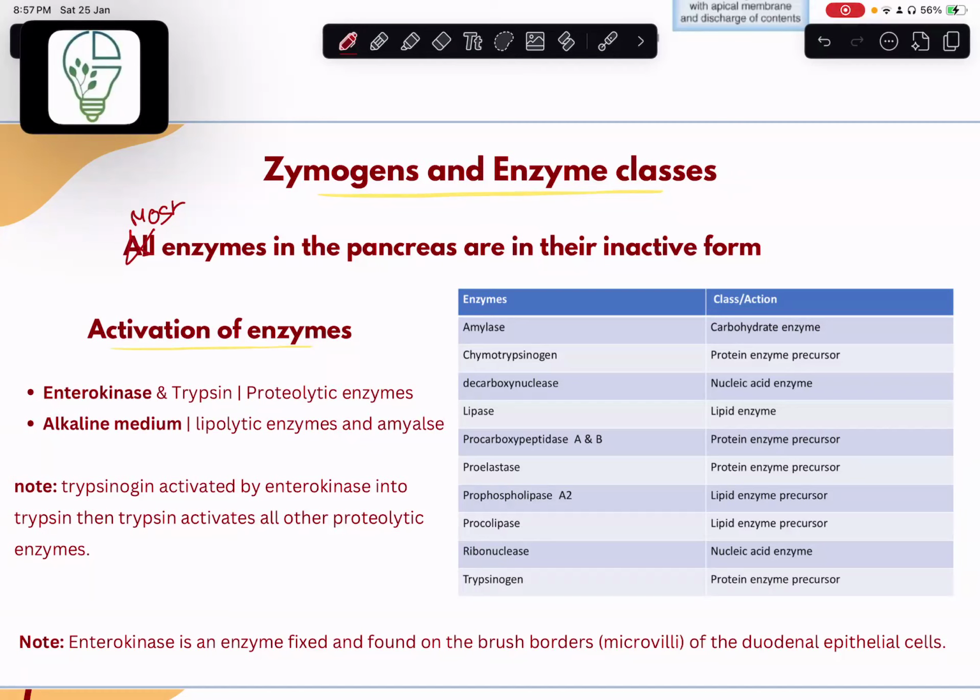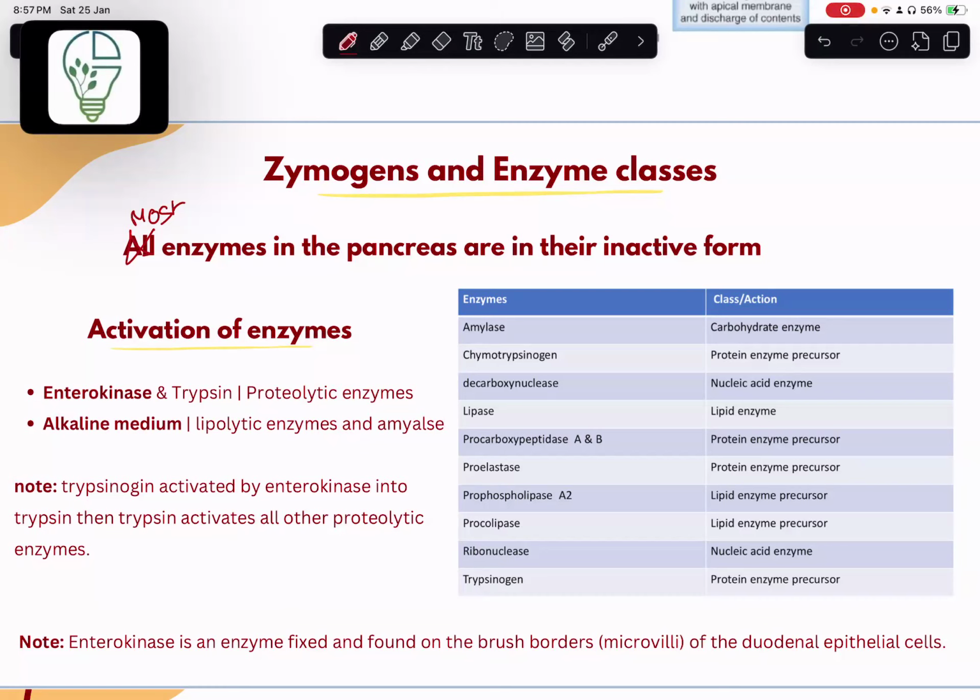Big problem. We're going to get into the loop of autodigestion, autoimmune diseases and chronic inflammation, and that's going to cause big problems. We will discuss chronic pancreatitis in one of the case studies the doctor put, so we'll talk about it later.